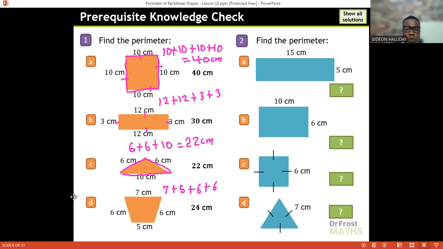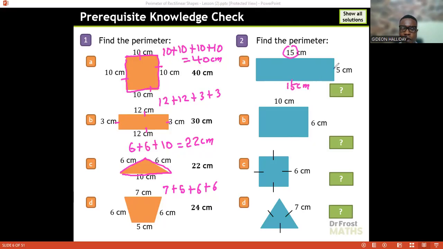Now for these ones, you notice that two sides are not given, right? But they're given because this is a rectangle. So opposite sides of rectangles are equal. So if this is 15, this place will also be 15 centimeters.